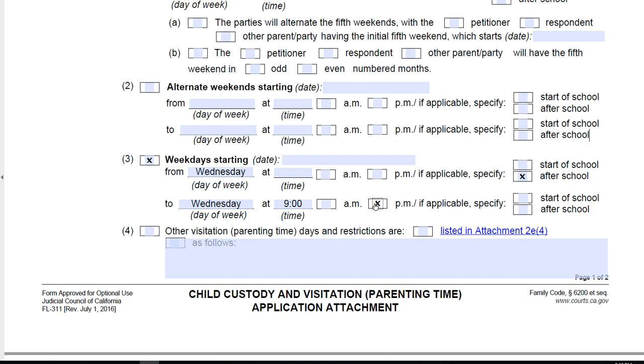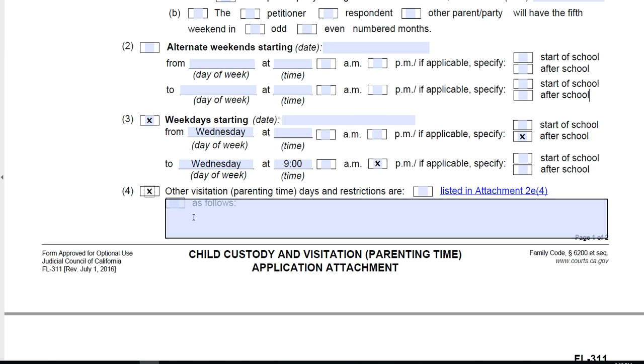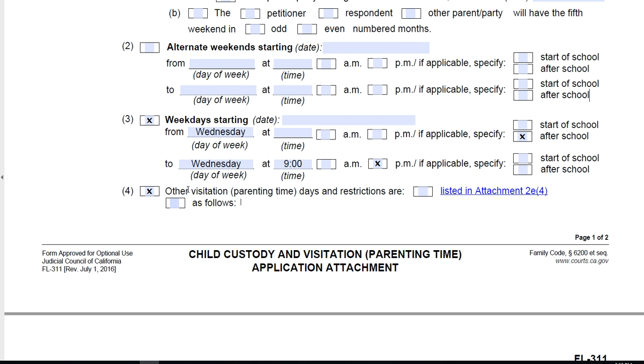end at 9. Like I said, other visitation, you're free to write whatever you want. There are a lot of parents who can make it work if the visitation is 1 week on and 1 week off with each parent.